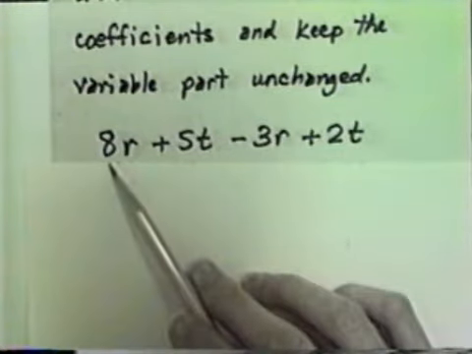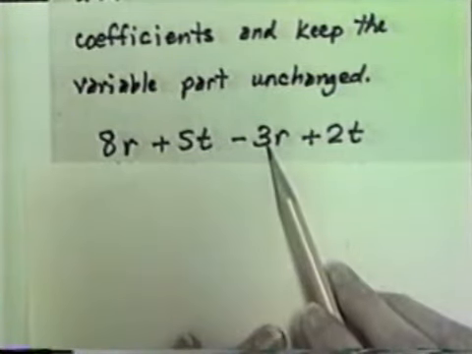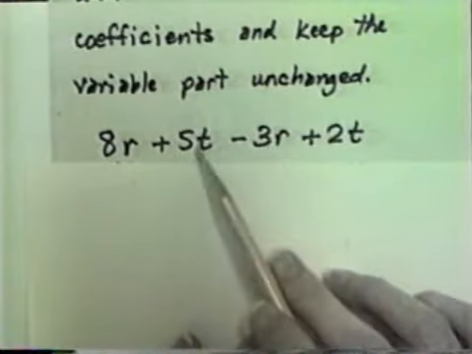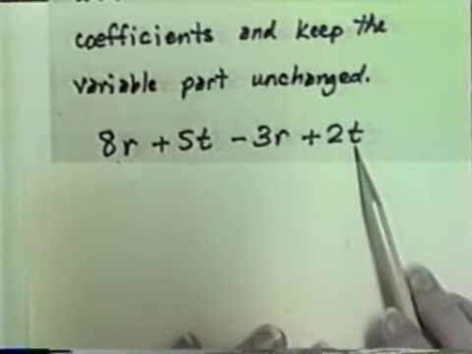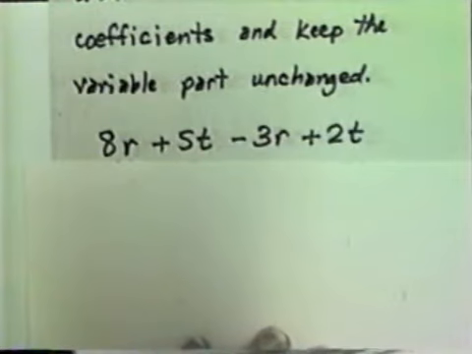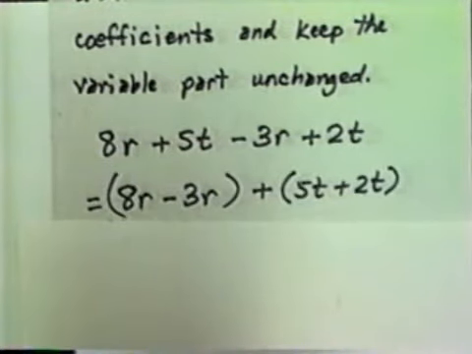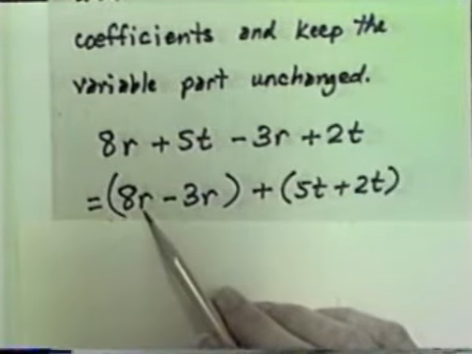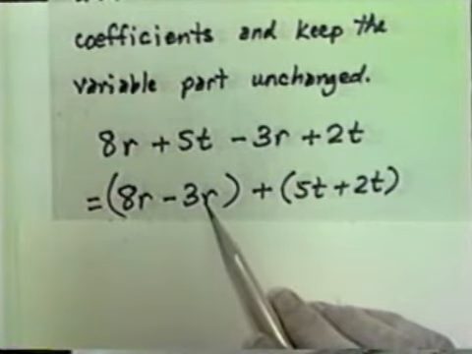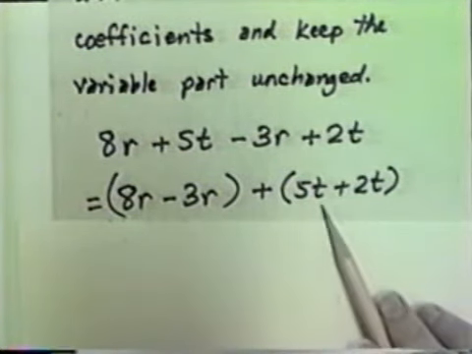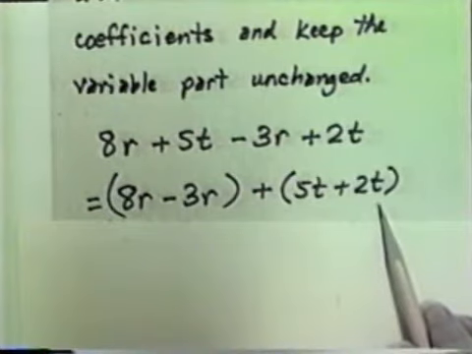Well, we're going to put together the rose bushes to find out how many rose bushes there are going to be. We'll put together the tulip bulb packages to find out how many tulip bulb packages there will be. And so, let's group them by putting 8r, subtract 3r together. Let's put 5t plus 2t together.